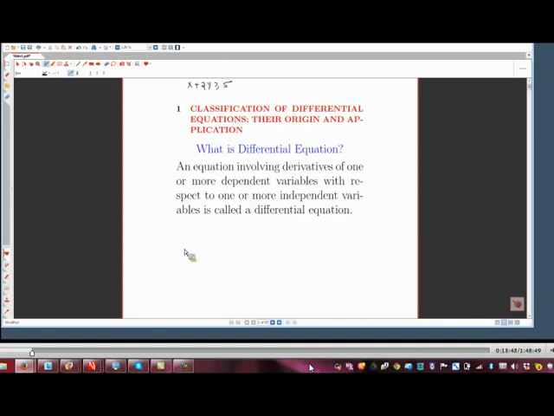Most of you are thinking it's an equation. So what is the difference between this and this? The first one is not an equation, it is an inequality. And the second one is an equation.